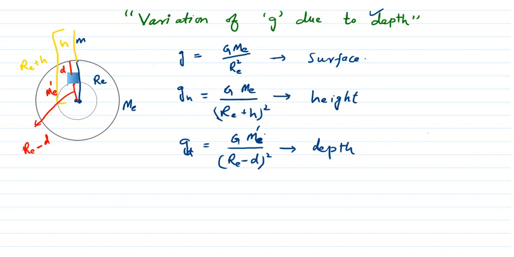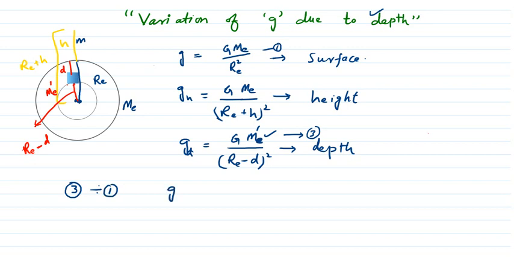But now we are not interested in Me. Let's say we call this equation 1, and this is equation number 3, and we divide equation number 3 by equation number 1.